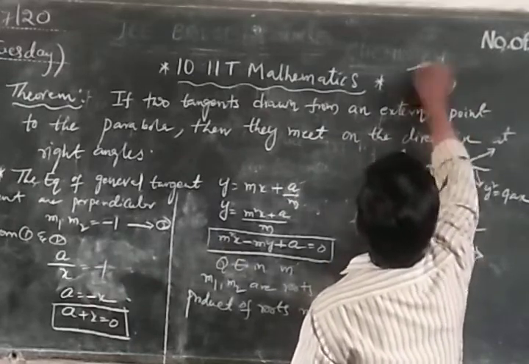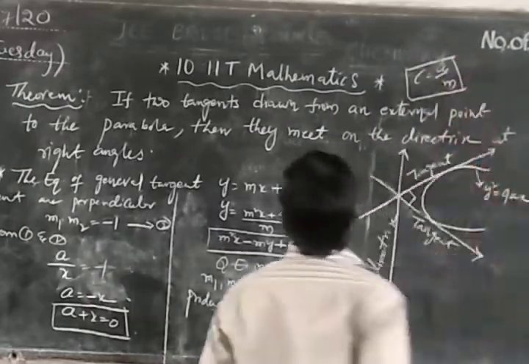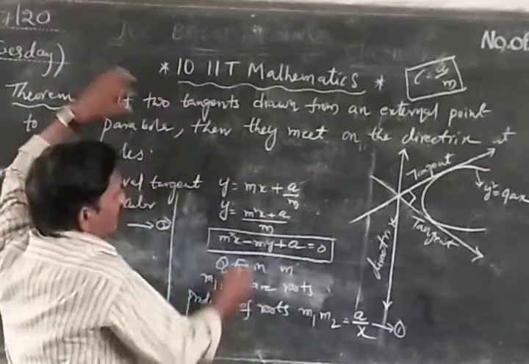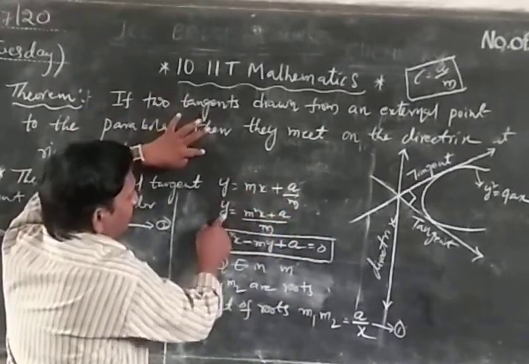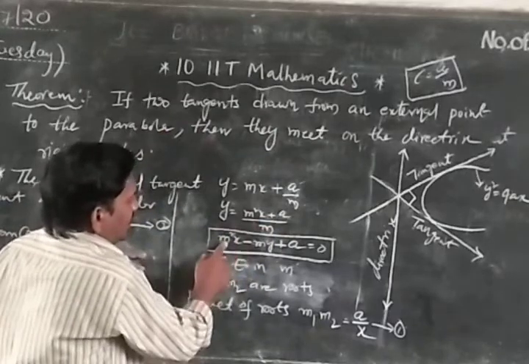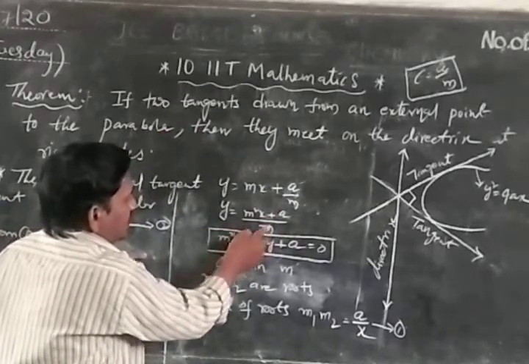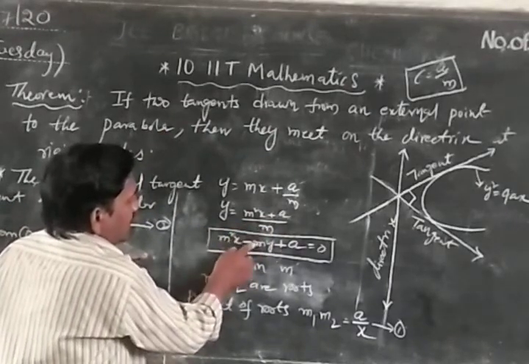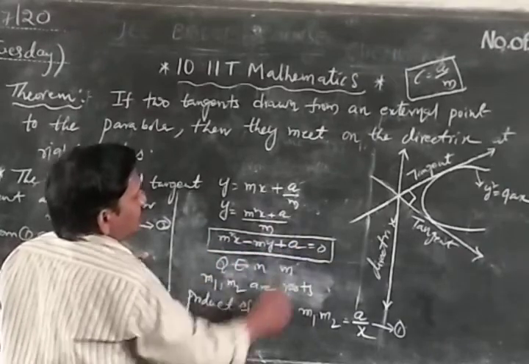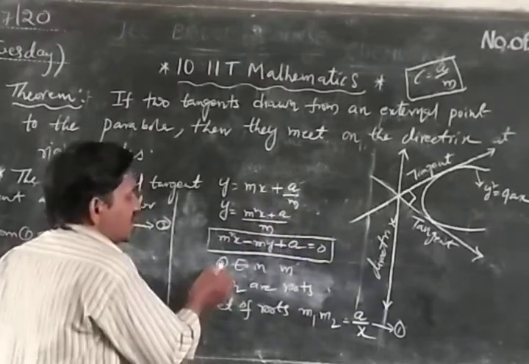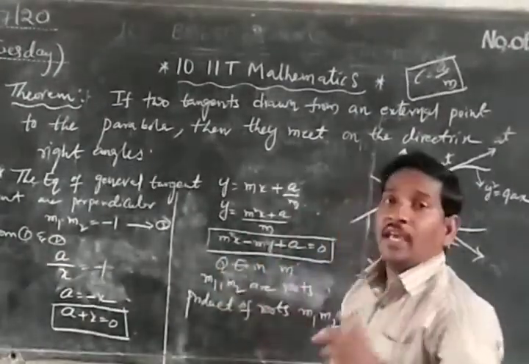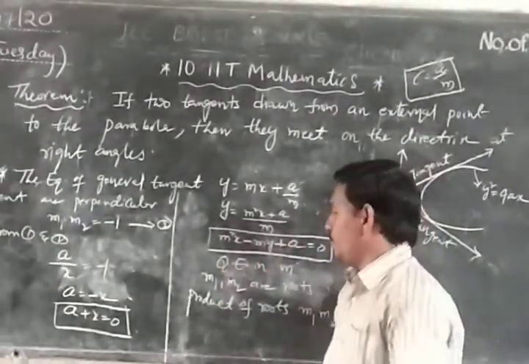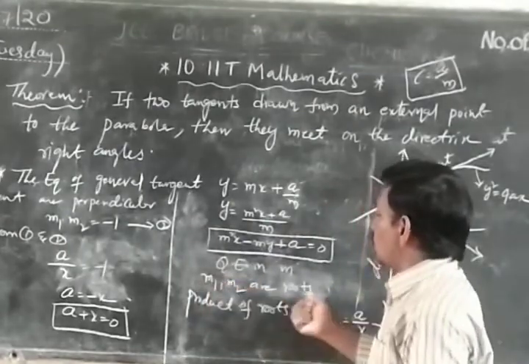So by LCM, m square x minus my plus a equal to 0. This is a quadratic equation in m, like ax square plus bx plus c. m1, m2 are the roots.